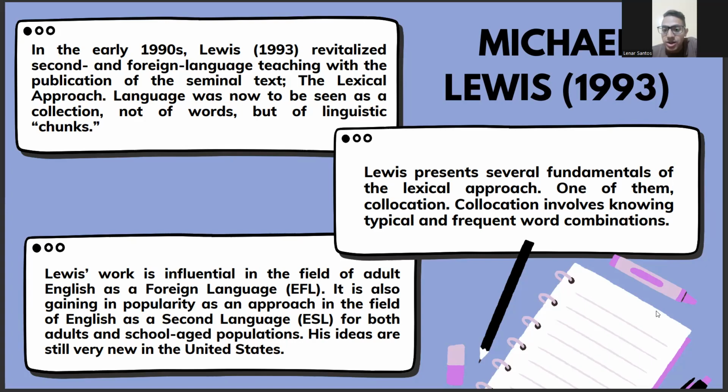His ideas are still very new in the United States, and he suggests that the lexical approach, especially the teaching of collocations, has a great deal to offer to the American teacher of an additional language at all levels. So this is a little bit about Michael Lewis, and we will continue with the presentation.